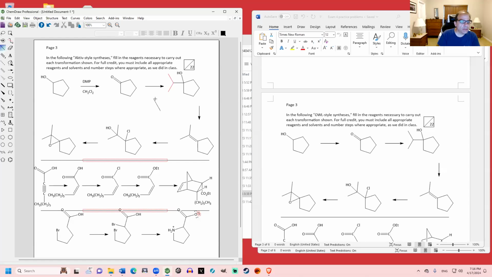And so step one would involve isopropyl magnesium bromide or magnesium chloride or magnesium iodide.